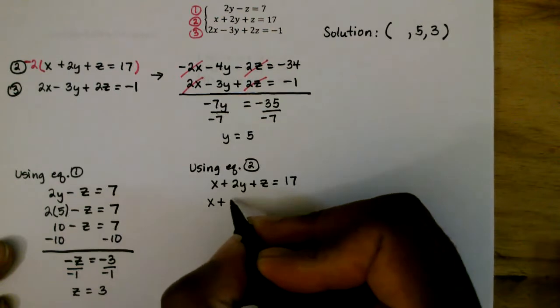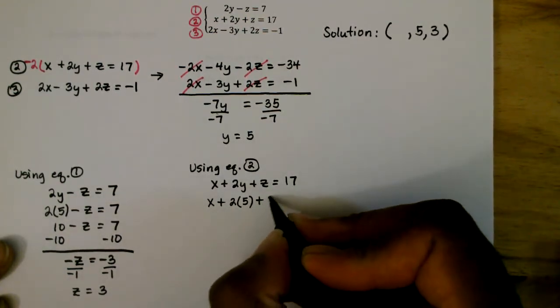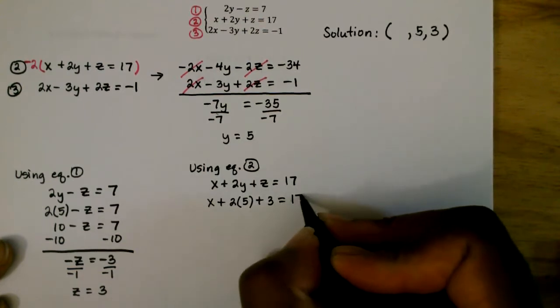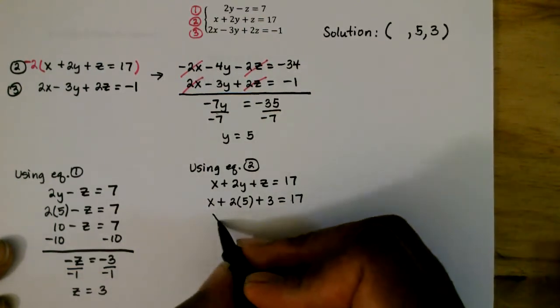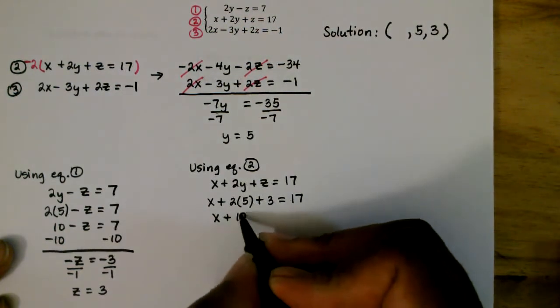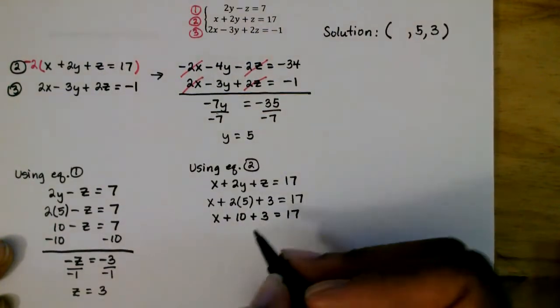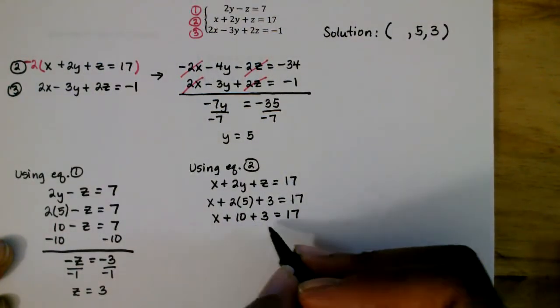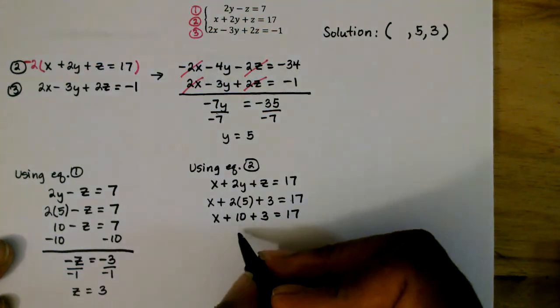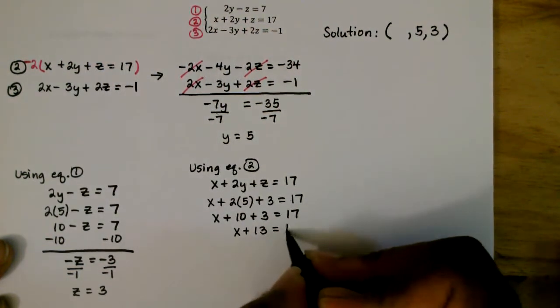So here's what I'm going to have. x plus 2 times y, which is 5, plus z, which is 3, equals 17. And then x plus 2 times 5 will be 10, plus 3 is equal to 17. Add 10 and 3 together, you'll get 13. So x plus 13 equals 17.